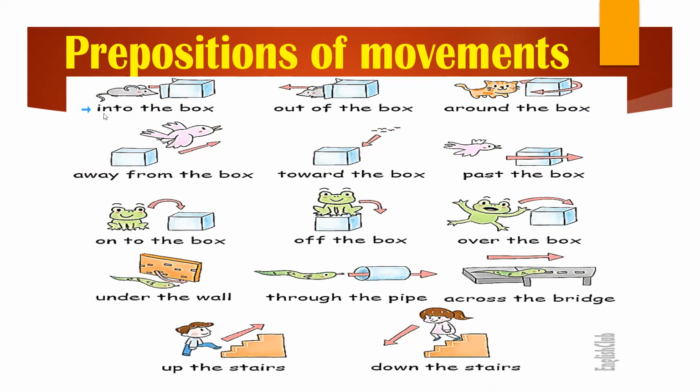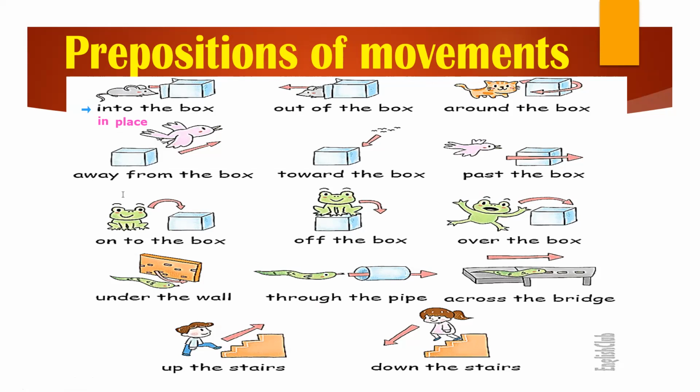We have into the box. You're gonna tell me, miss, what's the difference between in and into? In versus into. The only difference is that the preposition in is a preposition of place. So after this mouse goes into the box, if I ask you, where is the rat?